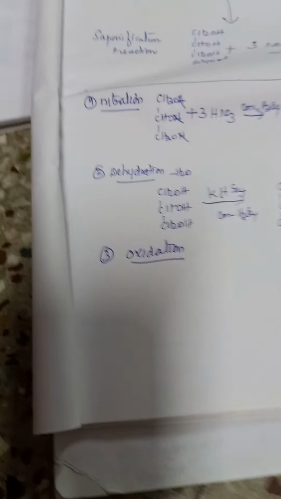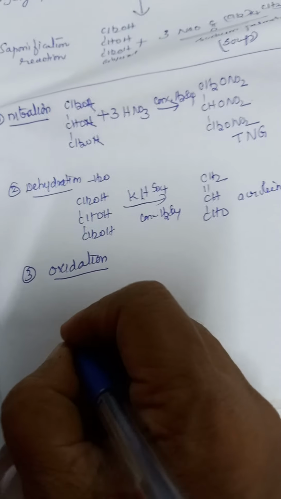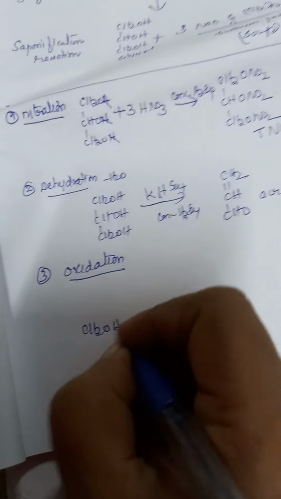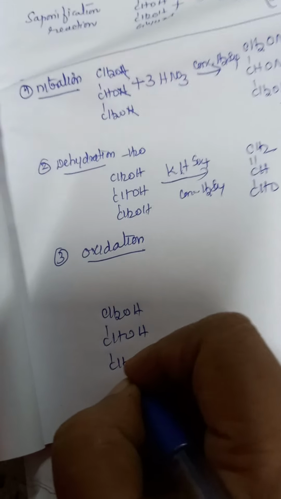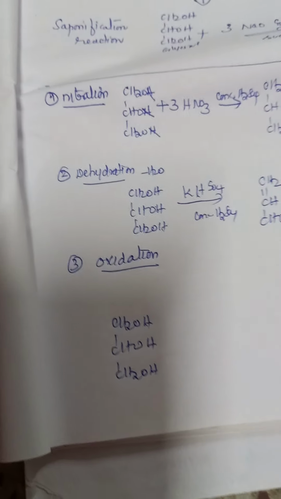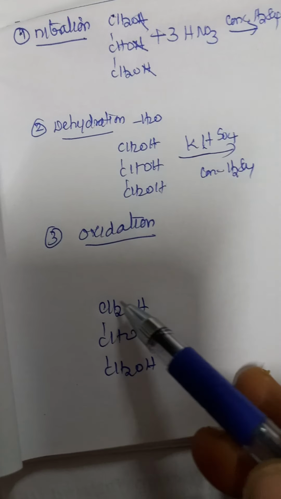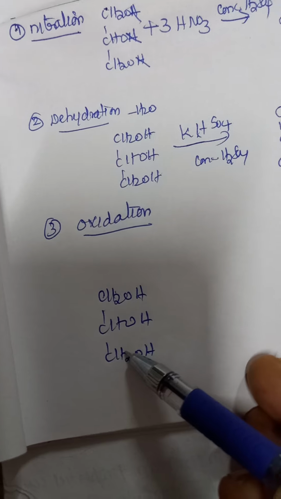Then the third one, the oxidation reaction. Glycerol, CH2OH, CHOH, CH2OH, contains 2 primary alcoholic groups.